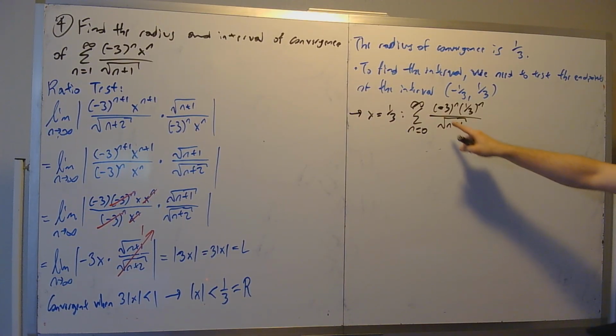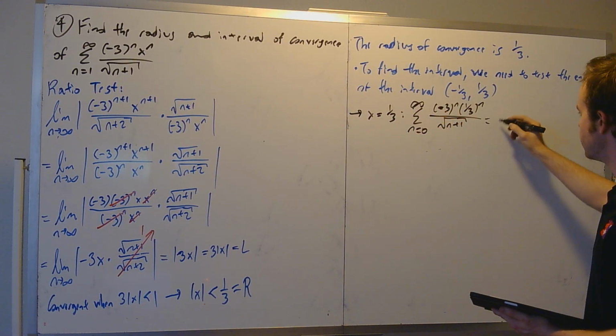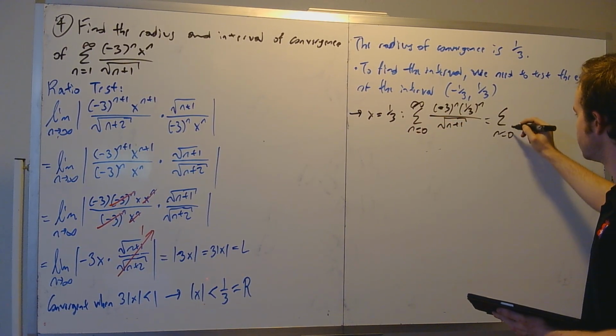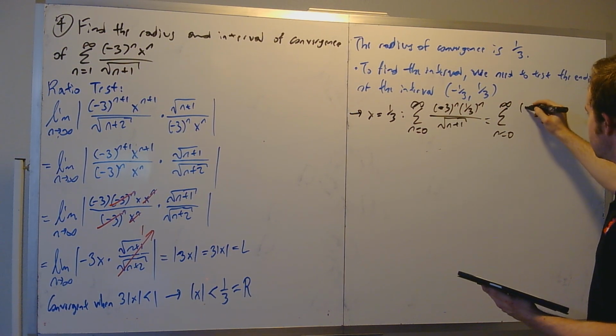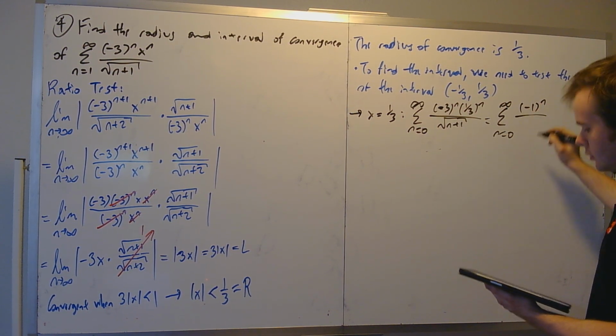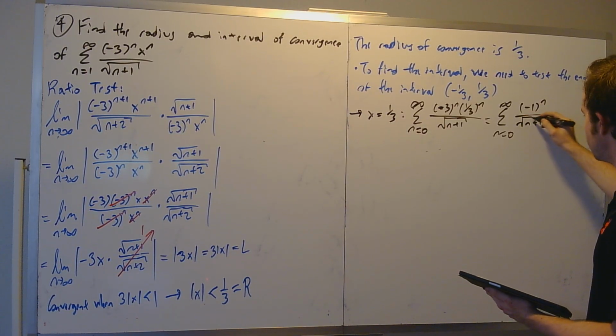And notice here, this 1/3 times 3 is going to cancel out, and you're just going to be left with that minus sign. So we're going to have left over here the sum from n equals 0 to infinity of -1 to the power of n over the square root of n plus 1.